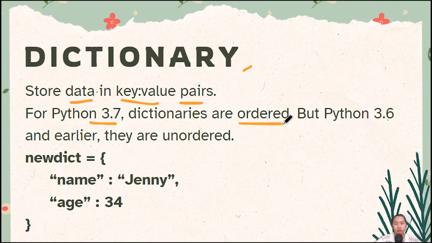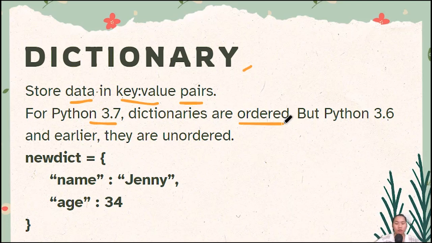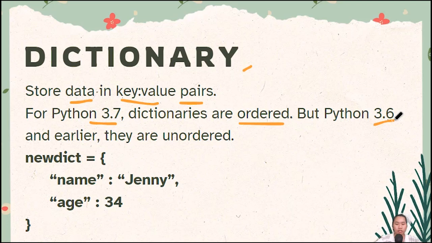And whichever goes first gets displayed first, whichever goes second gets displayed second, right? So it's not randomized like sets, but for Python 3.6 and below, they are unordered, meaning they're very similar to sets in terms of displaying, and it's very random.